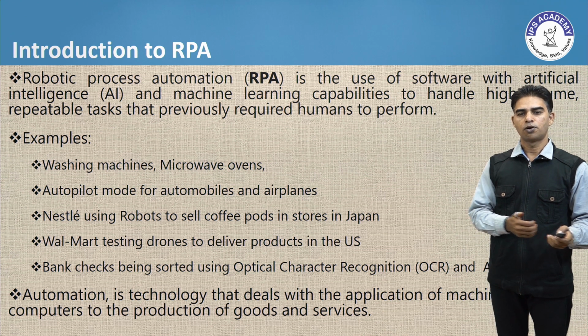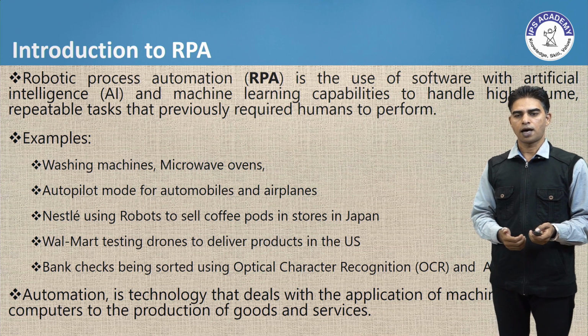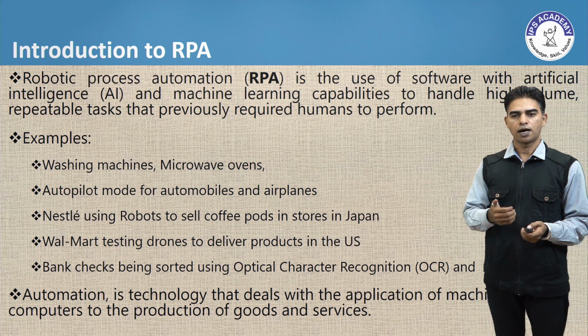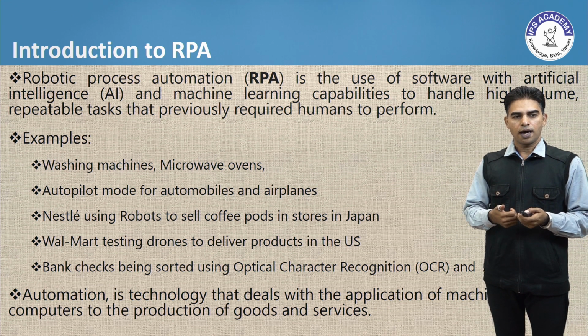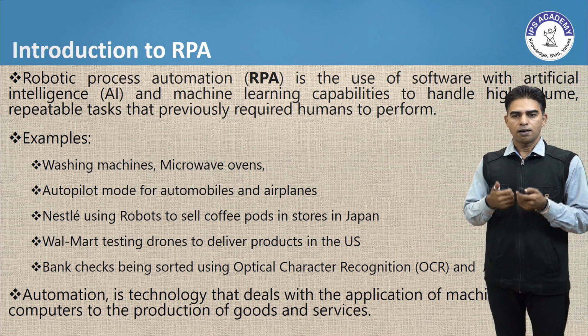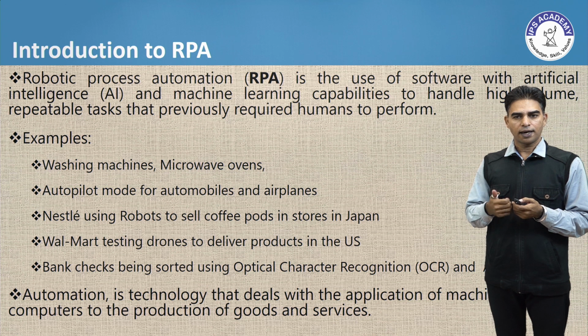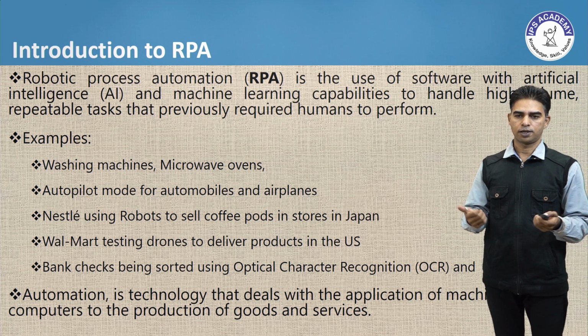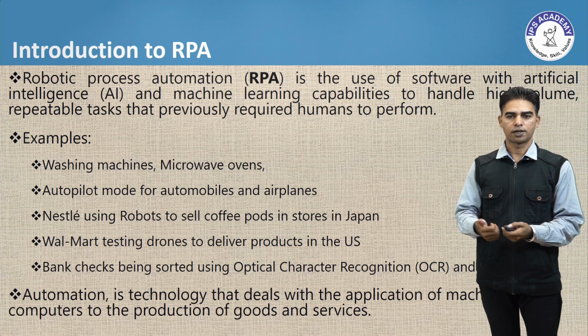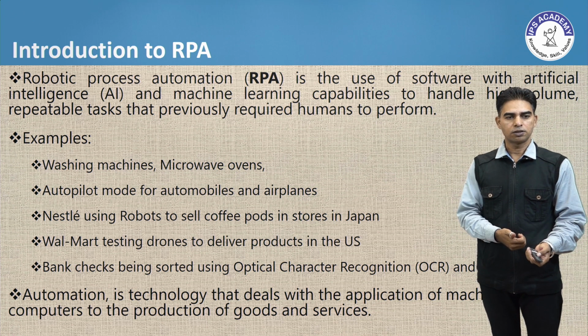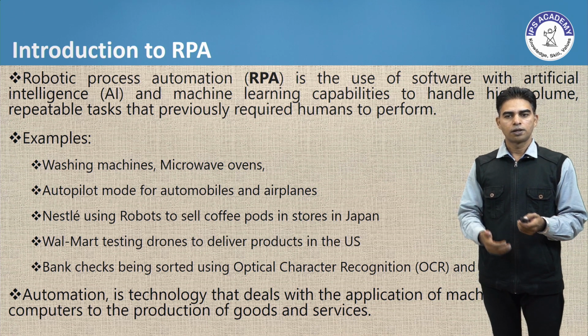What is the motive of this? Why do we use RPA? We use AI and ML to learn just like humans. Machines can do high volume tasks, because humans are not capable of performing high volume tasks.